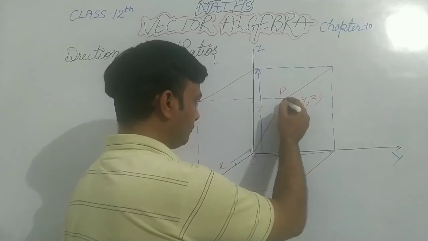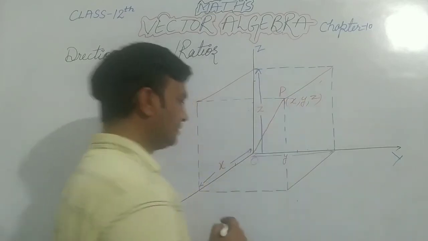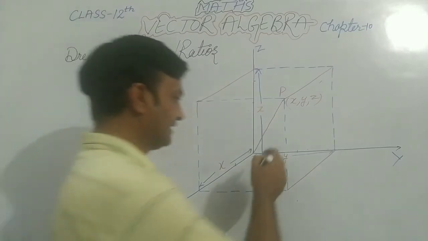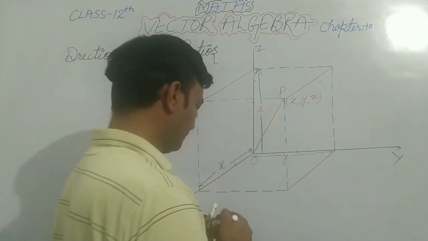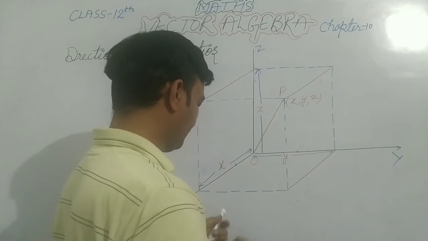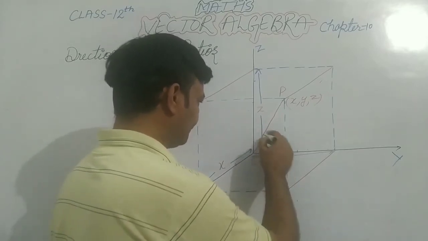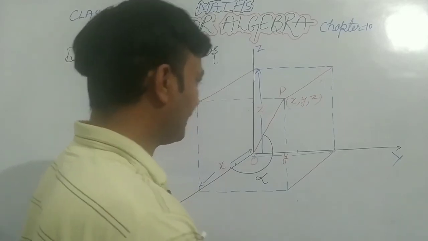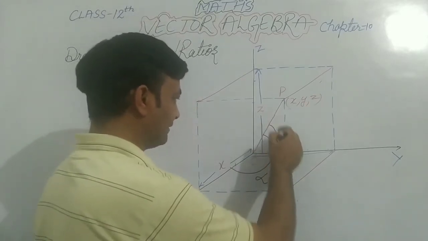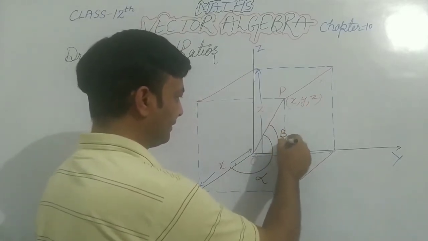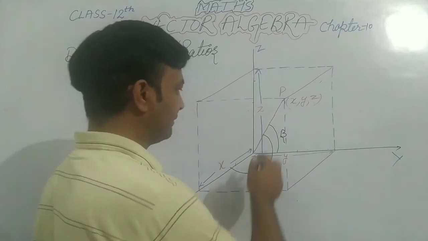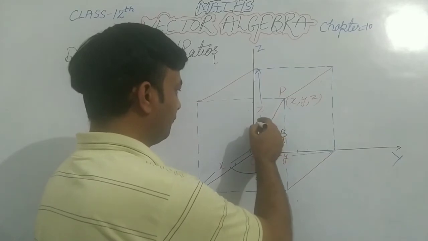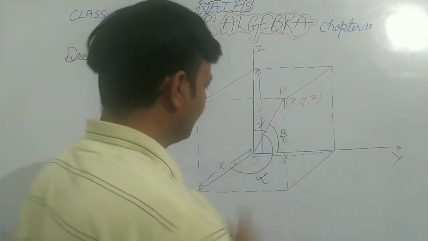So this position vector OP makes an angle alpha with the x-axis, an angle beta with the y-axis, and the last one, an angle gamma with the z-axis.